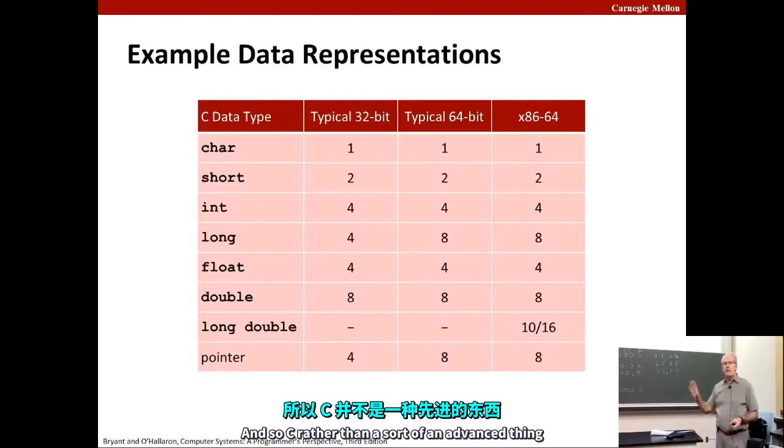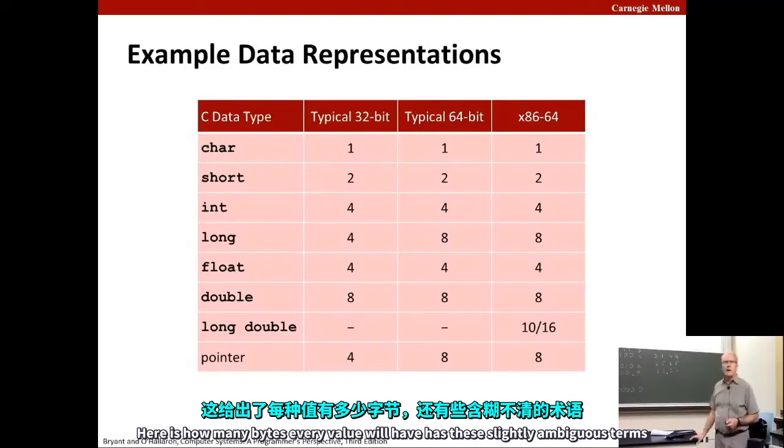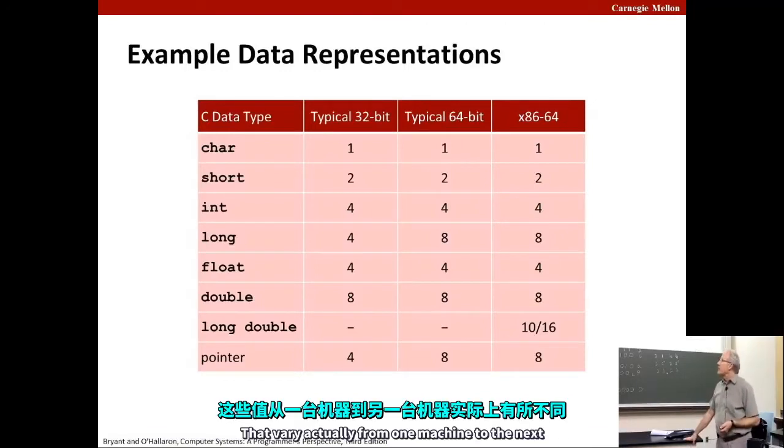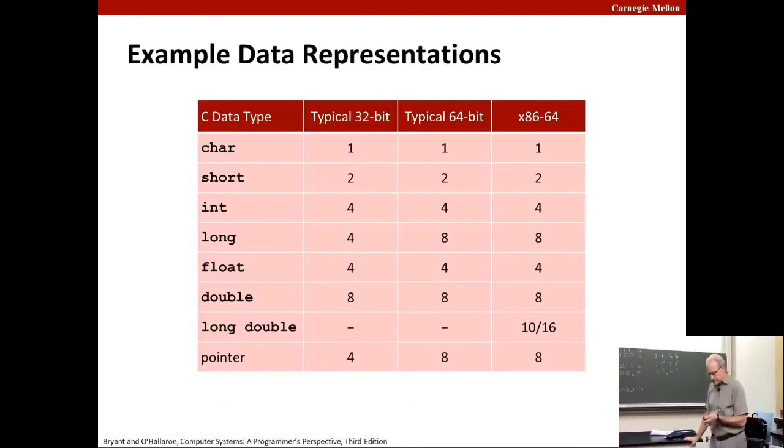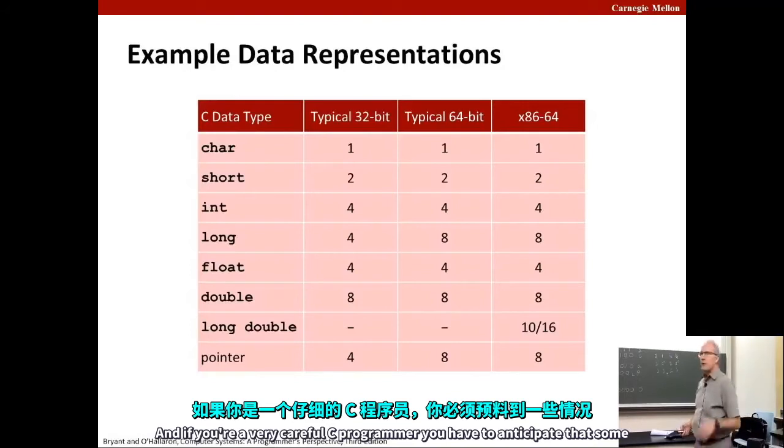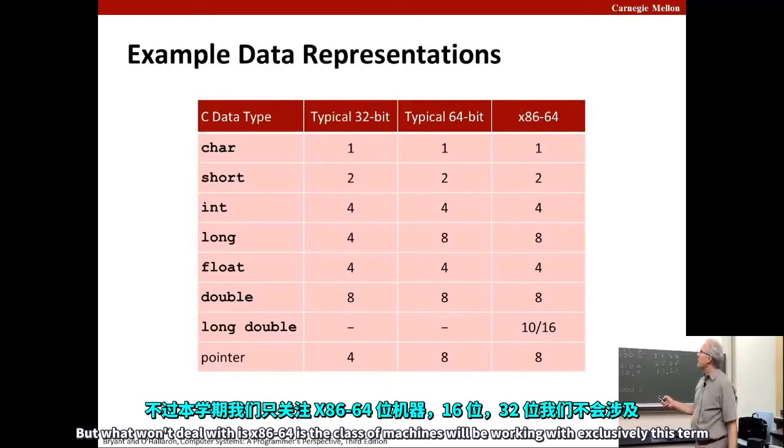And so C, rather than sort of in advance saying, here's how many bytes every value will have, has these slightly ambiguous terms that vary actually from one machine to the next. And if you're a very careful C programmer, you have to anticipate that. But what we'll deal with is x86-64, the class of machines we'll be working with exclusively this term.